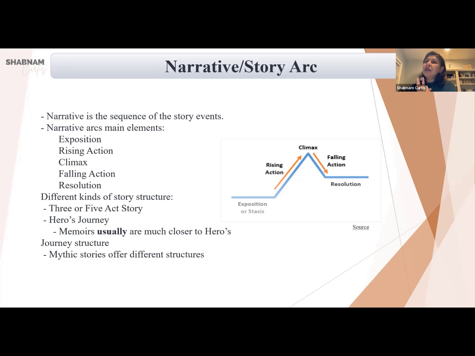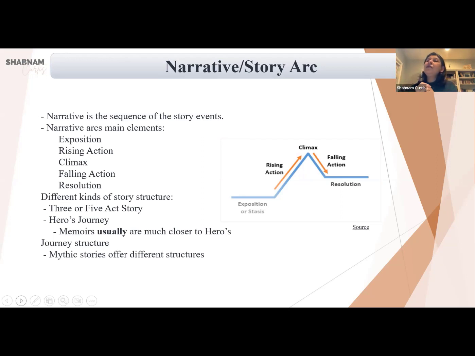Although the hero's journey is a very human journey, and it does fit in so many human stories, there are other myths where you can find a different structure for the journey.